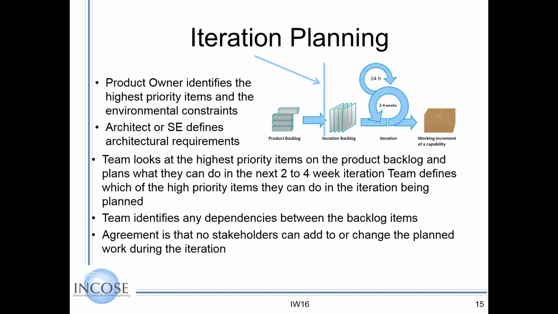So the team identifies dependencies, one of the lean practices being: don't start an item of work until you have everything. So if there are dependencies, you determine what you should do first. An agreement is that no stakeholders can change the planned work during the iteration. It's really key.